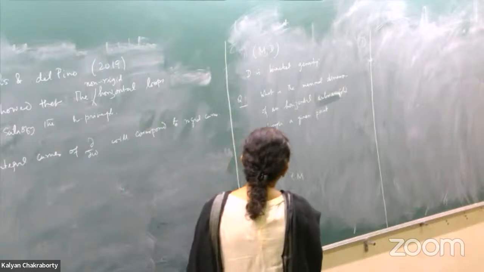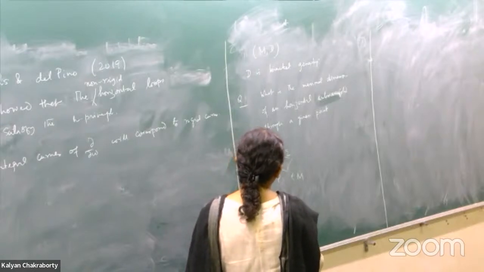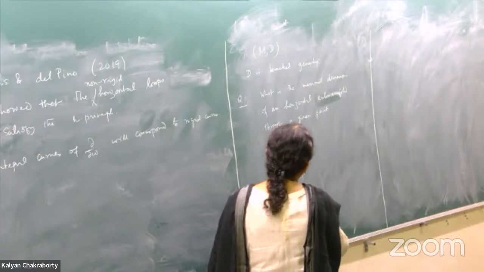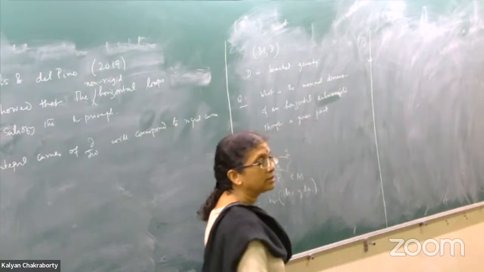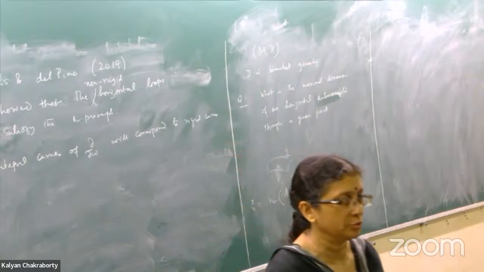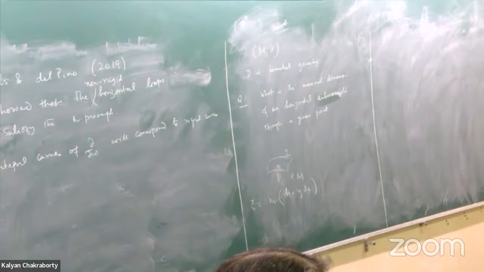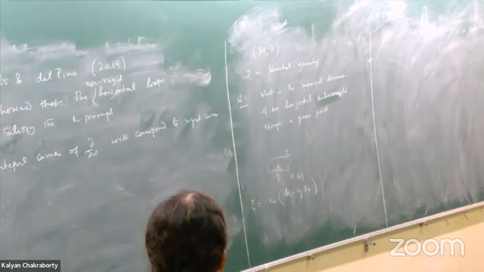So in the first example, you recall, this is the kernel of dz minus y dx. We considered a curve. This gives a two-dimensional distribution. It cannot have a two-dimensional horizontal submanifold, because then it would be an involutive distribution.